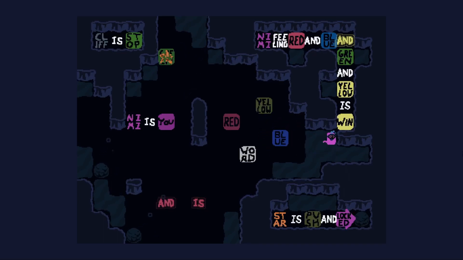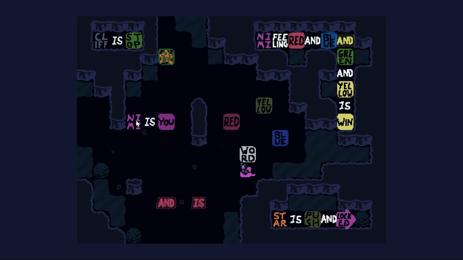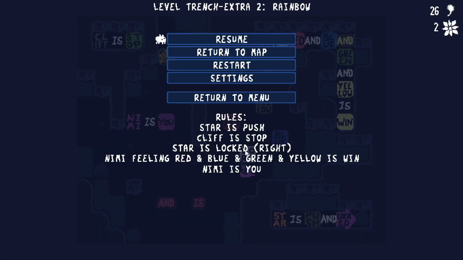I also wonder if there's anything to do with the outside text. Like, maybe I can cut down this feeling red and blue and green to something. Because I noticed there are like little spaces on the sides, right? That feels like a really big brain answer, but I don't think that's it either. We have 6 properties, blank is, and then an and an is.